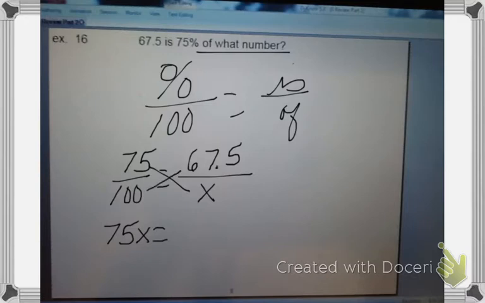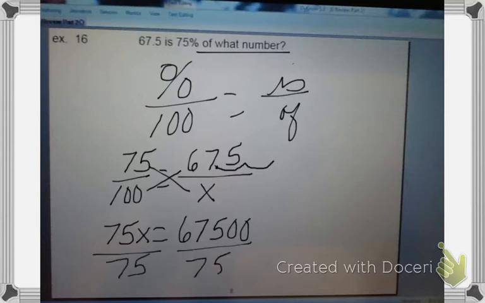Now, I have 2 zeros in that 100, so that means I'm going to move my decimal 2 places. If the decimal was at the end, then I would just add the 2 zeros. But the decimal's here, so technically I'm moving it 2 places. Okay, I'm going to divide by 75.